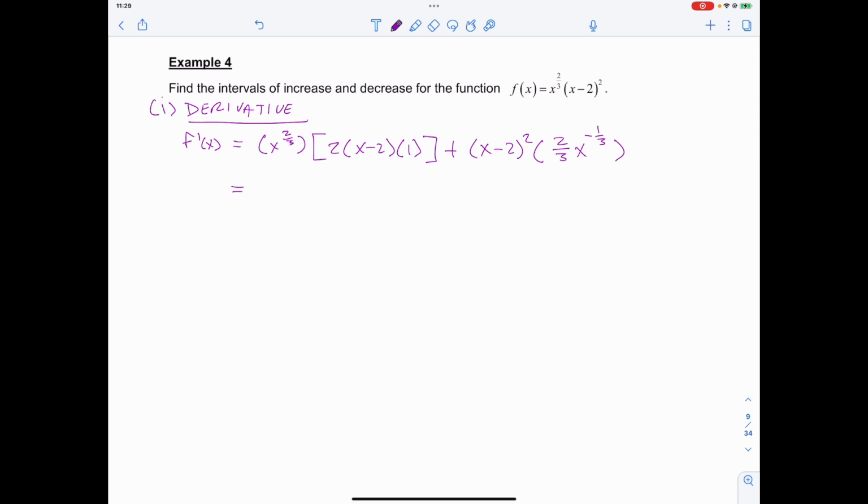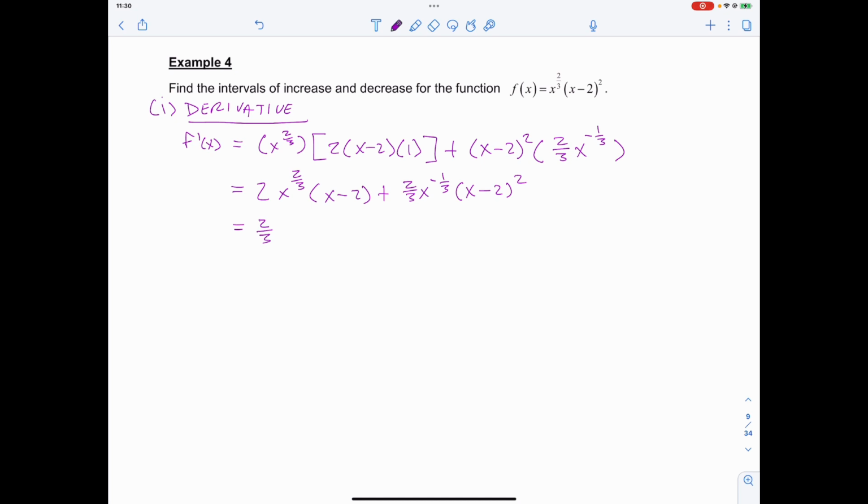When I simplify, I'm going to get 2x to the 2 over 3 and x minus 2 plus 2 over 3 x to the negative 1/3 and x minus 2 squared. I'm going to factor this, so I'm going to factor out the fraction 2/3.